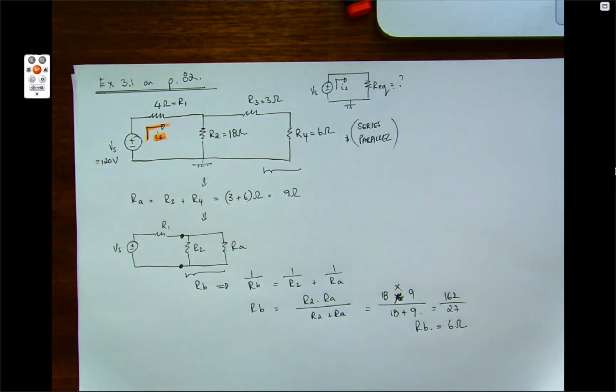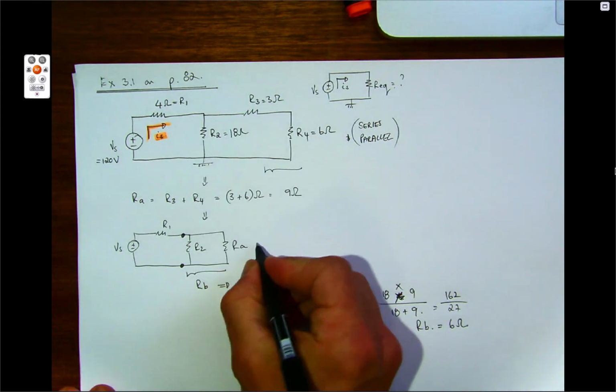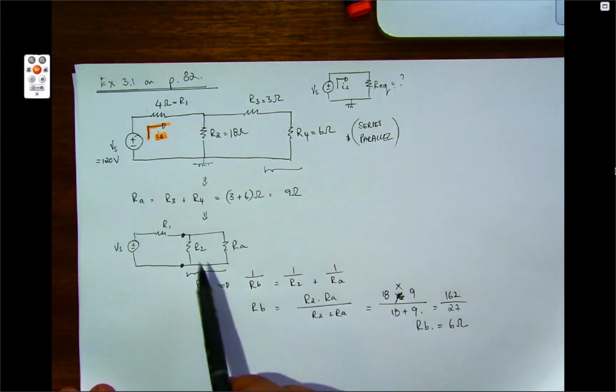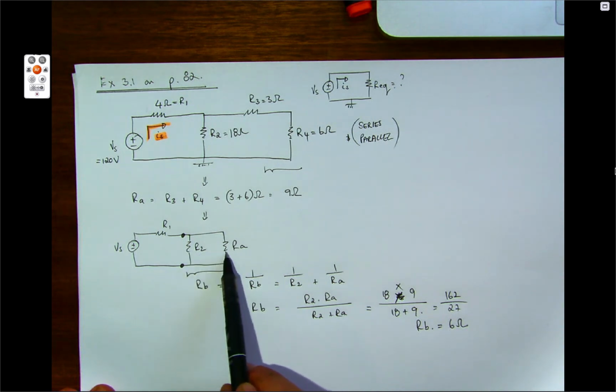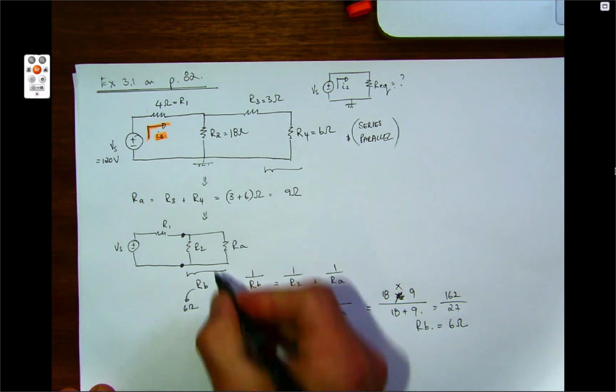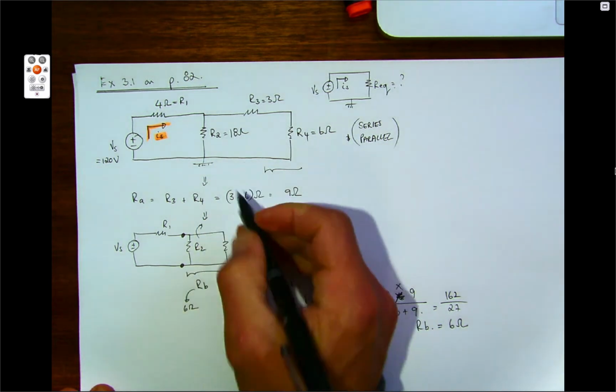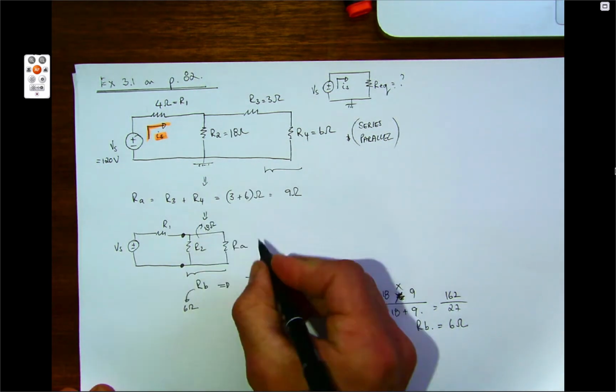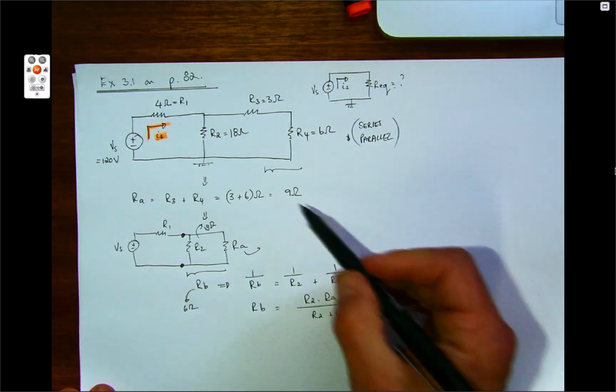Something important that I said today, just a sanity check, is about the parallel combination of my resistors, RB, which I calculated as 6 ohm. R2 is equal to 18 ohm, and RA is equal to 9 ohm.